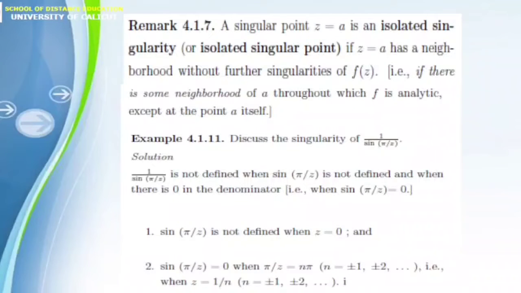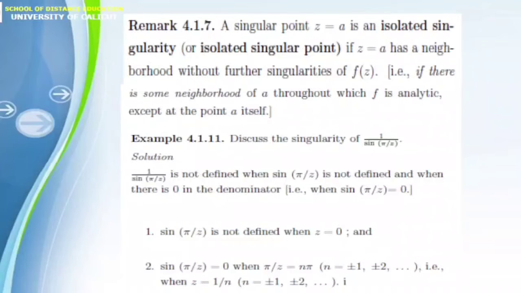So, the singularity of 1 by sine pi by z. Here the function is not defined when sine pi by z is equal to 0. That happens when pi by z is equal to n pi. That is, z is equal to 1 by n.